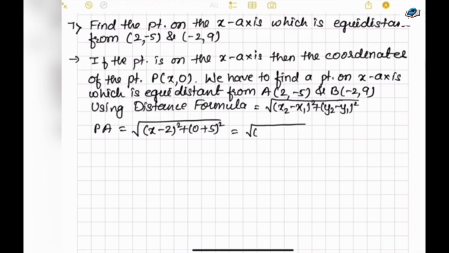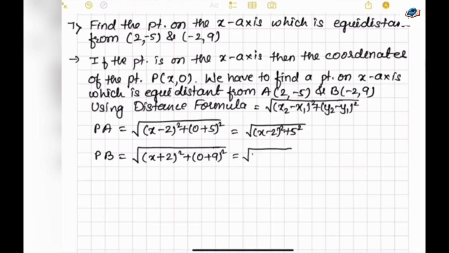So plus 5. So this will be root of (x minus 2) whole square plus 5 square. Now PB will be x minus of minus 2. So plus 2, plus 0 minus 9. So minus 9. So that will be (x plus 2) whole square plus 9 square.